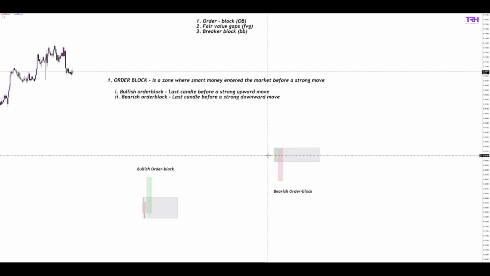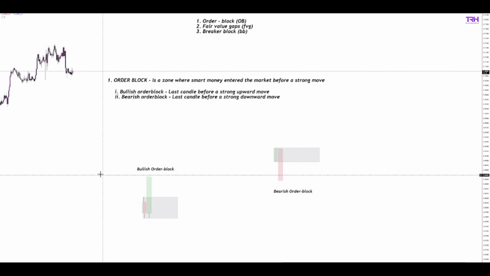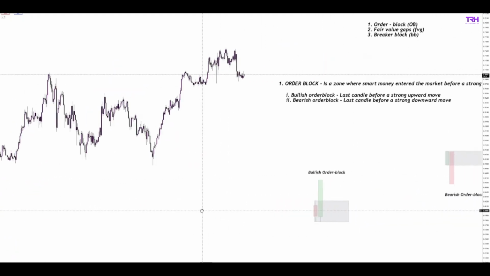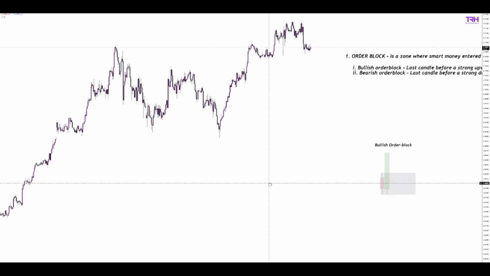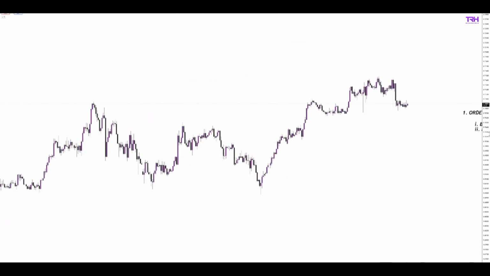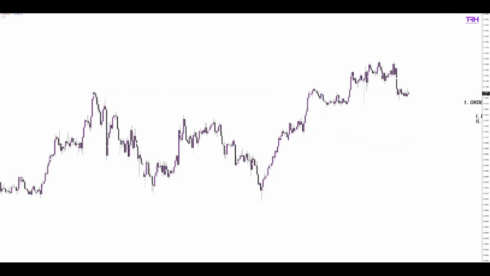Let's just head out to the chart. Let me show you what I'm actually trying to explain to you right here. If you look at these charts, what do we say a bullish order block is? The last candle before a strong upward move. So here's an example on this chart. This is the last candle before we have this strong upward move.